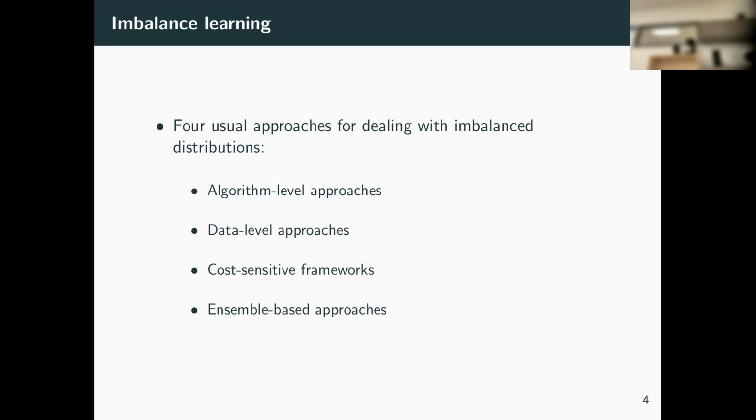The cost-sensitive frameworks introduce cost into the learning of the models in order to account for the class imbalance. And the fourth one is ensemble-based approaches, which use ensemble methods, which is a collection of classifiers, and usually combine these ensembles with one of the other categories, usually data level approaches.